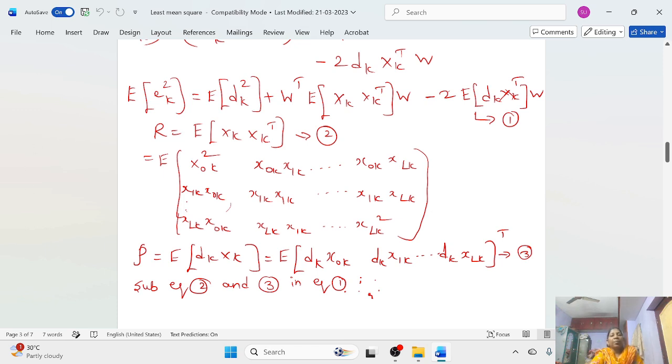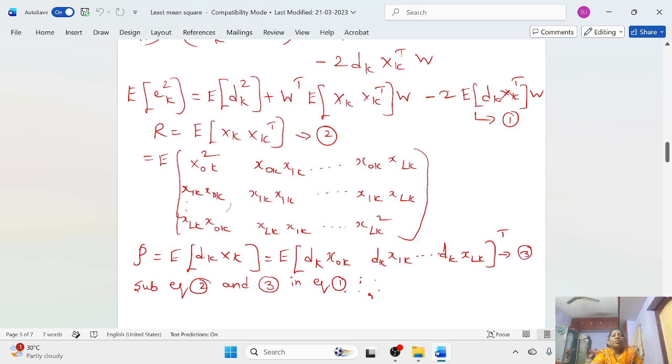Next, from equation 1, we take dk into xk transpose, that is, expectation of dk into xk transpose, and mark it as rho. When you expand this, dk is kept as such, and xk we can represent as x0k, dk into x1k, dk into x2k, etc., dk into xLk, the transpose. Now, let us mark it as equation number 3.